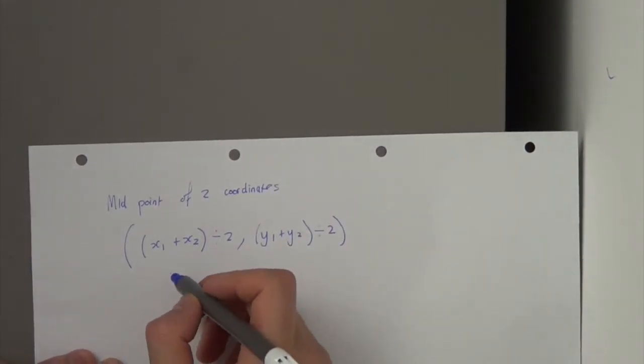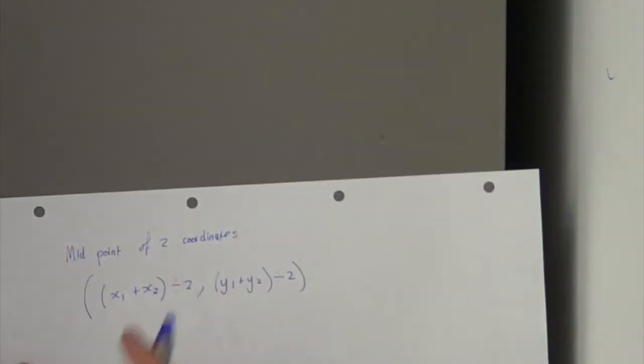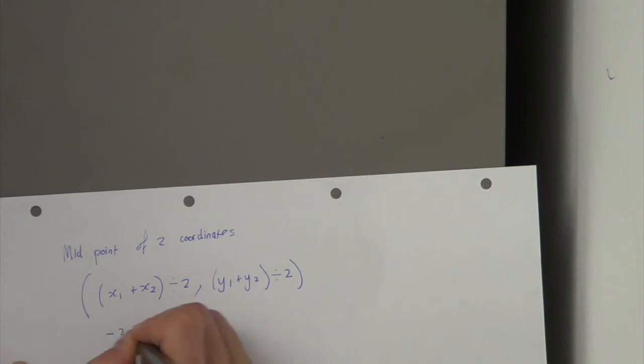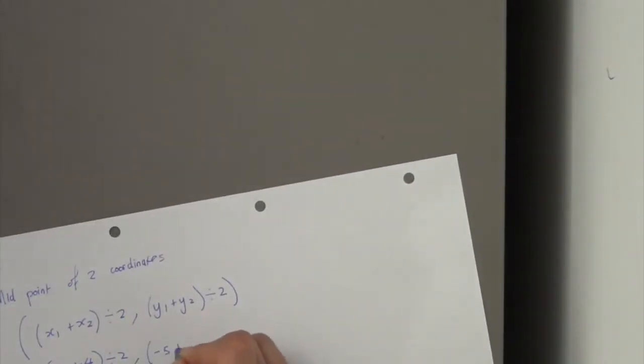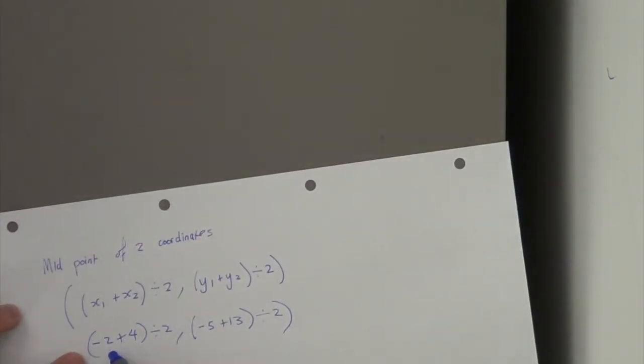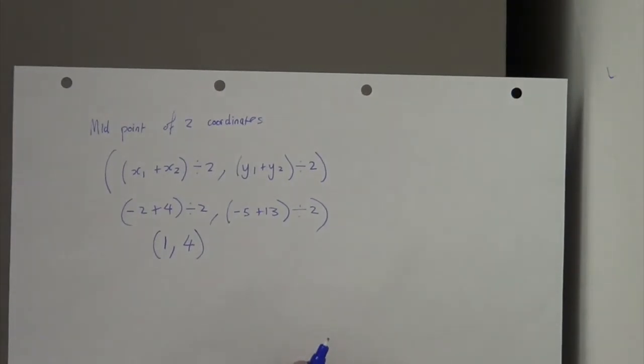If you put these in, minus 2 plus 4, and for y1 and y2, minus 5 plus 13. What does that give us? Minus 2 plus 4 is 2, divided by 2 it's 1. Minus 5 plus 13 is 8, divided by 2 is 4. So we have our midpoint.